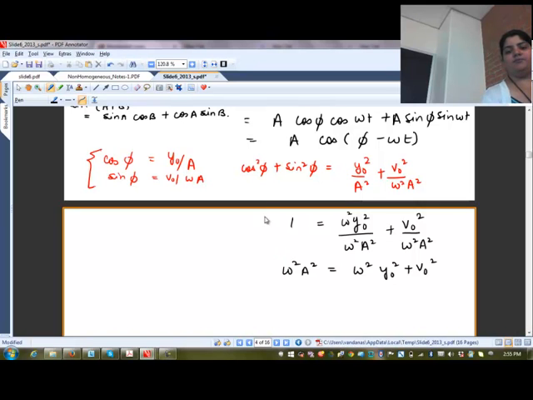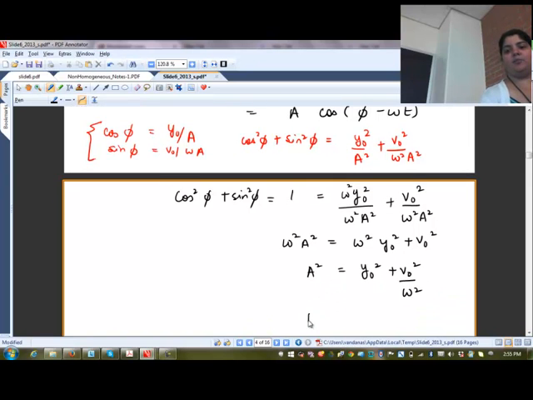So A square is y naught square plus v naught square over omega square, and A is the amplitude of this oscillation. We will be considering the positive square root because that's just a distance. Now how will I get rid of A and get my phi?